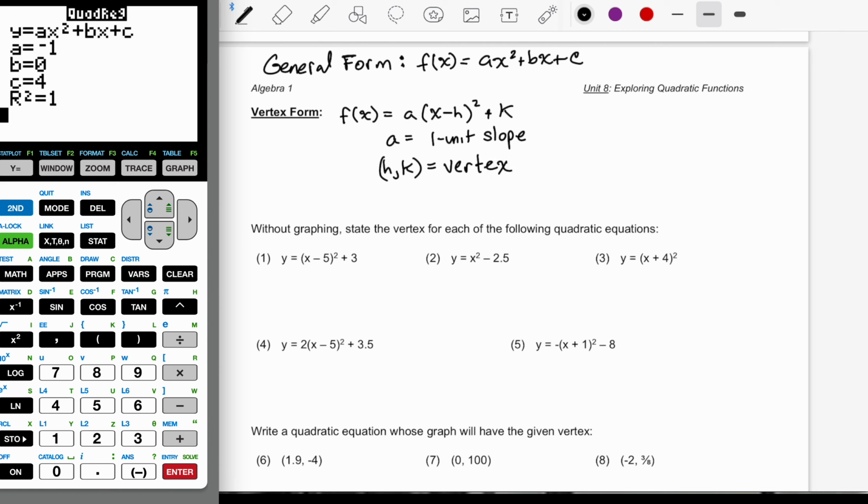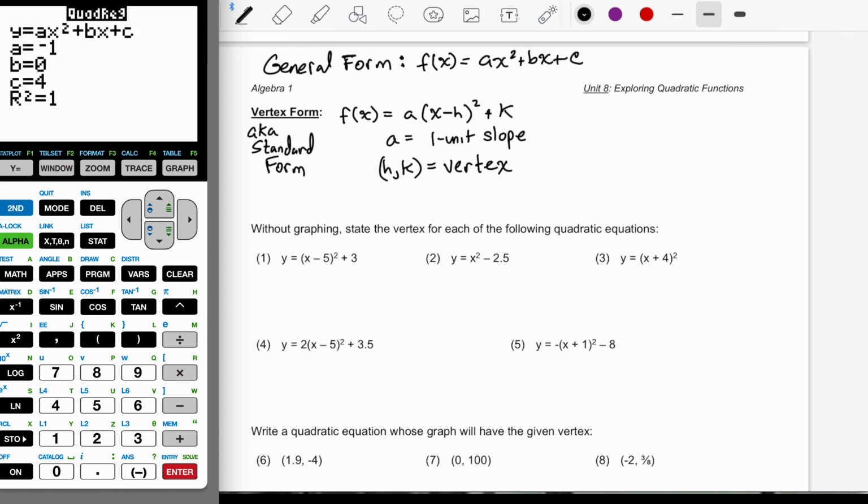So if you have an equation given in the vertex form, sometimes called standard form, you would know some pretty useful information, right? Most notably the vertex.